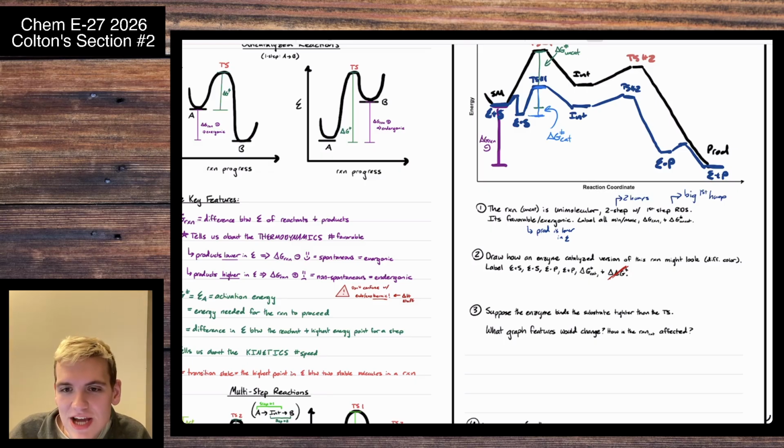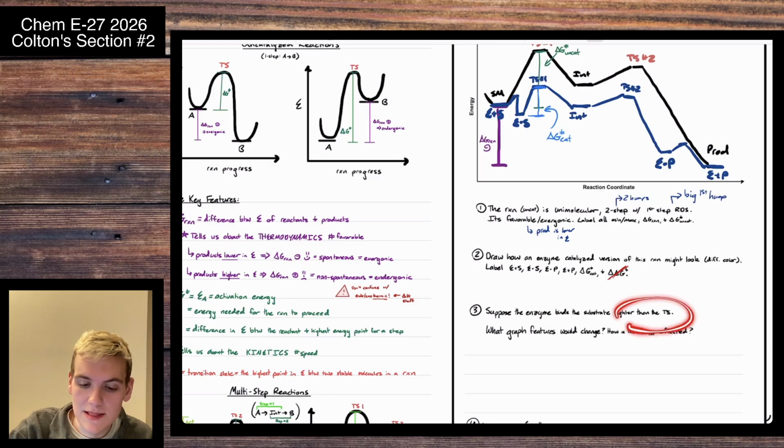Oh, yay, in the chat. Okay. Does it change the stability of the transition state? Uh-huh. So the whole thing was, because it binds normally so tightly to the transition state, it lowers our delta G double dagger.